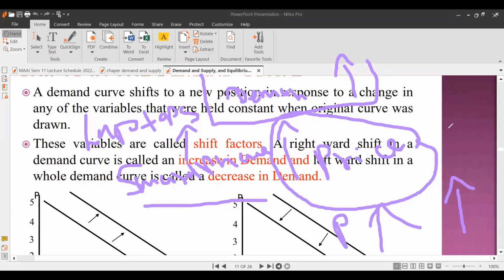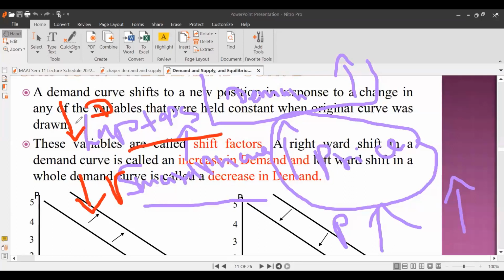Then if there's a decrease in the price of smartphones, those who are consuming laptops will shift to smartphones. Therefore, laptop demand also decreases.